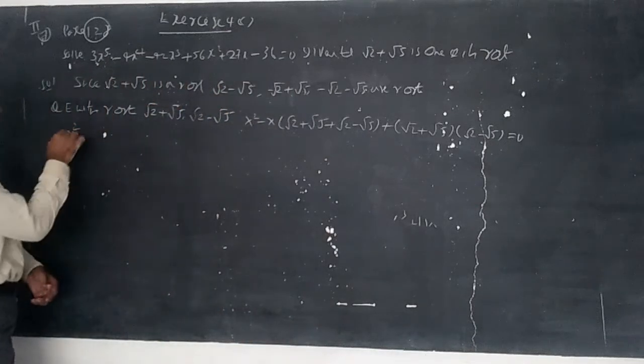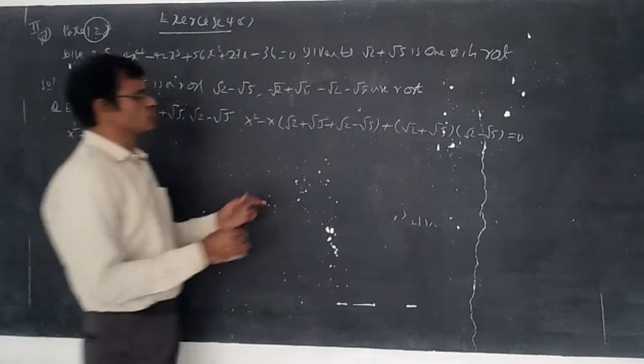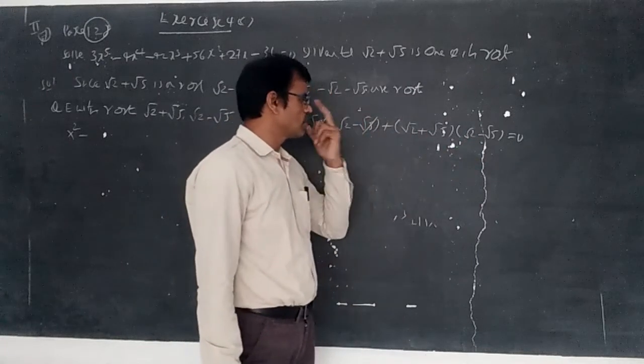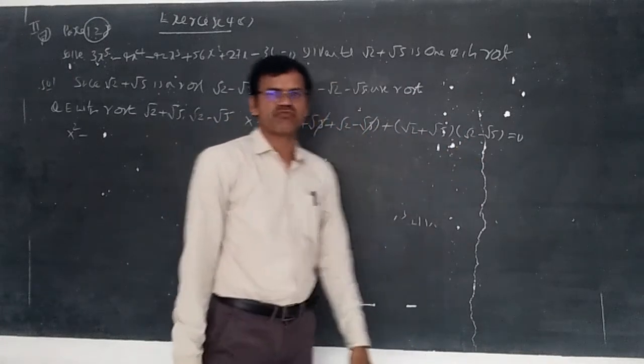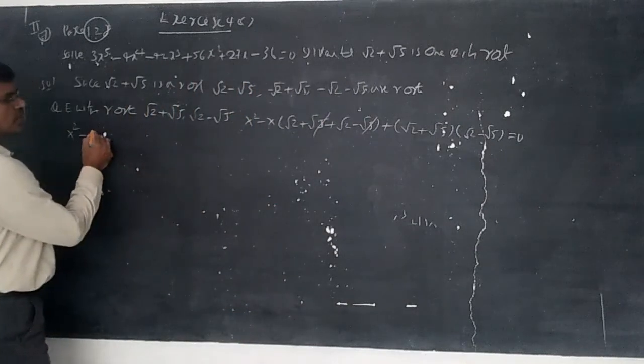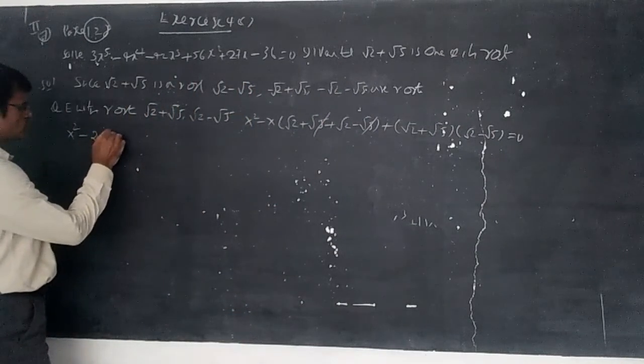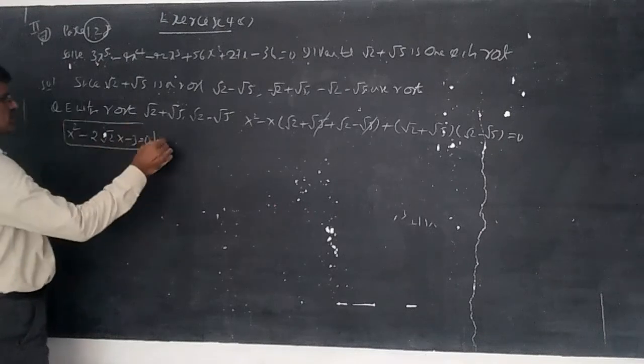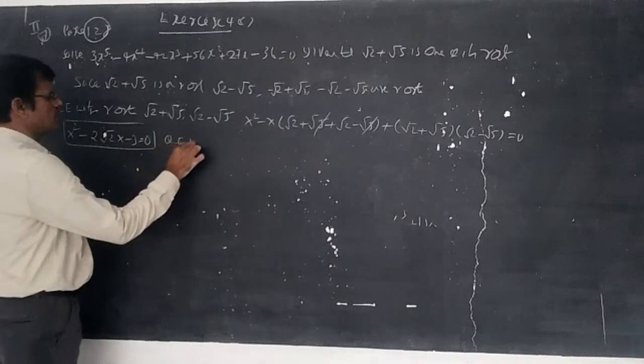You can write here x square minus x into 2 root 2. Here using the a plus b into a minus b formula, a square minus b square, 2 minus 5 becomes minus 3. So x square minus 2 root 2x minus 3 equal to 0. Keep aside.